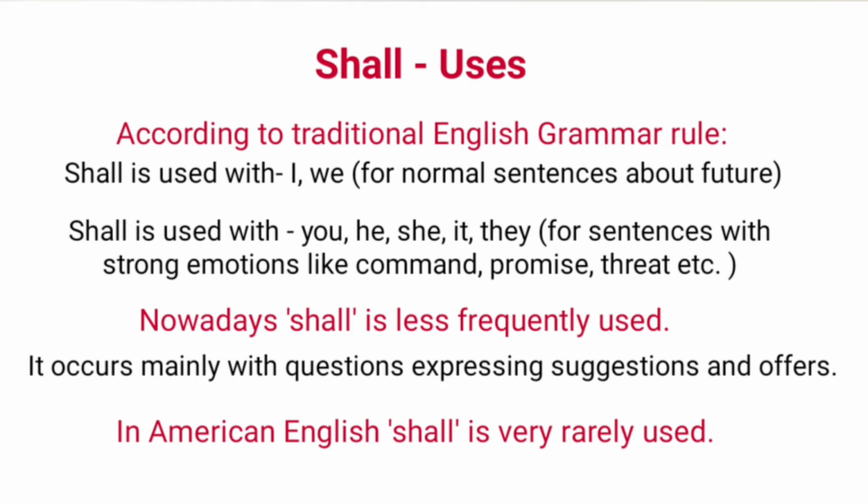Shall is used with second person, you, or third person, which includes he, she, it, they, or some other person or persons, for sentences with strong emotions like command, promise, threat, etc. Nowadays, shall is less frequently used. It occurs mainly with polite questions expressing suggestions and offers. In American English, shall is very rarely used.